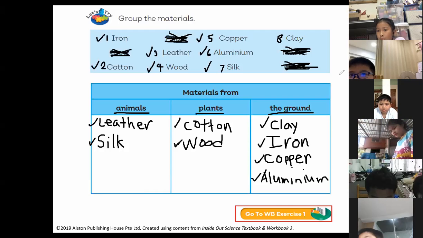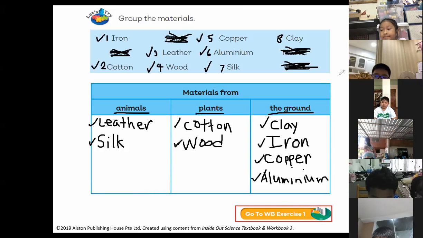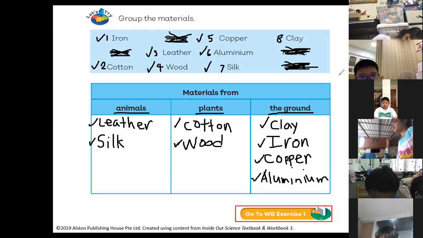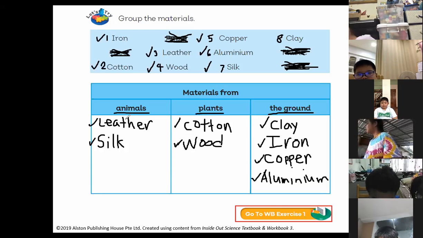And what about Pan Small? What are the materials that we can get from the animals?